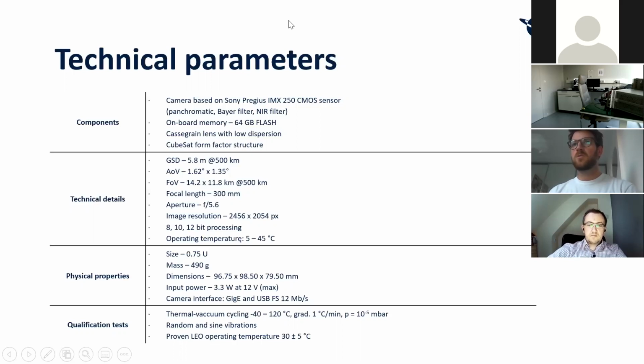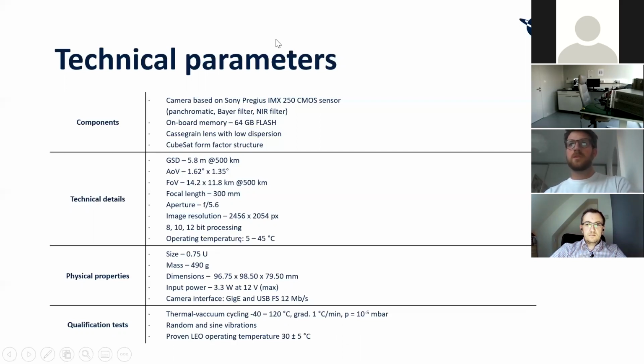The angle of view gives a field of view of 14 by 12 kilometers at 500 kilometers, that's approximate. It has a focal length of 300 millimeters, and the following parameters are, I believe, well known to everyone.